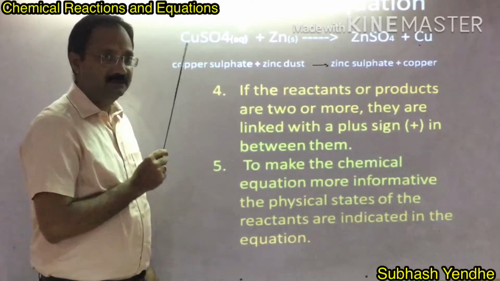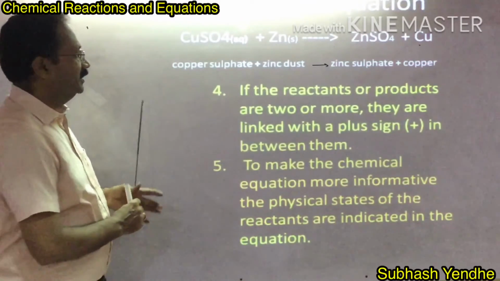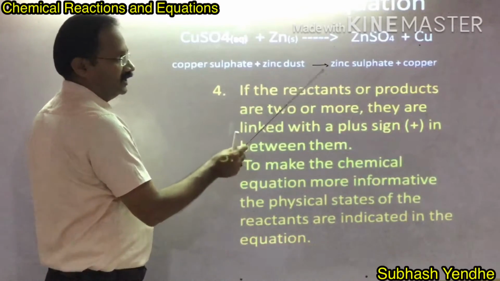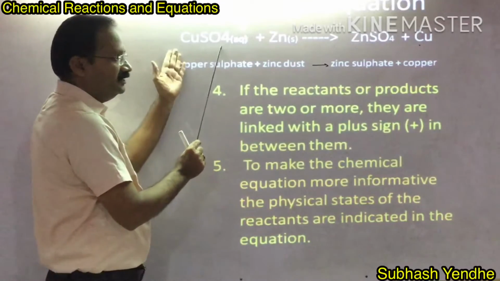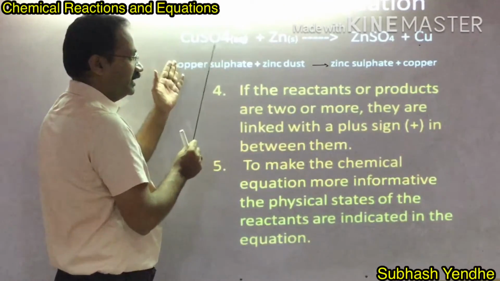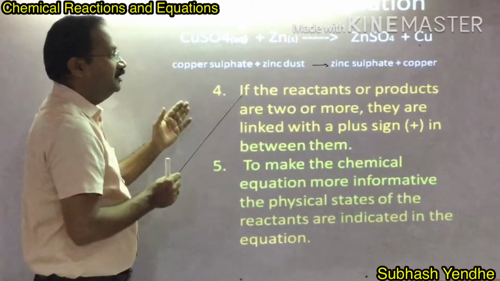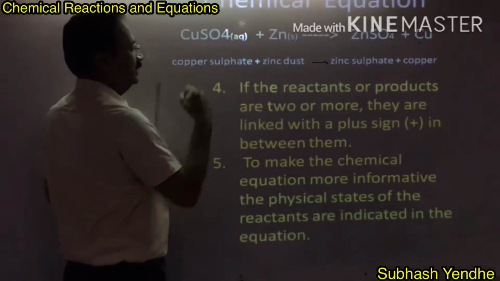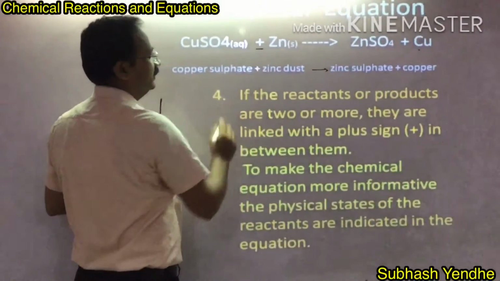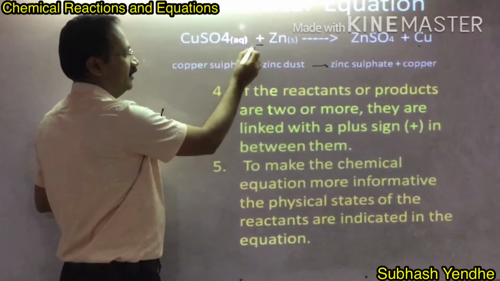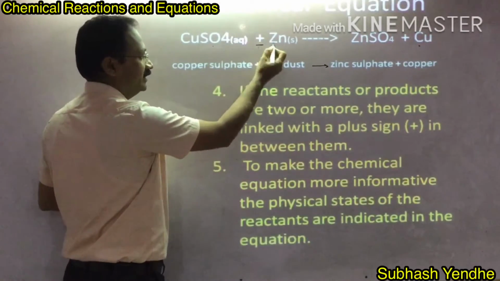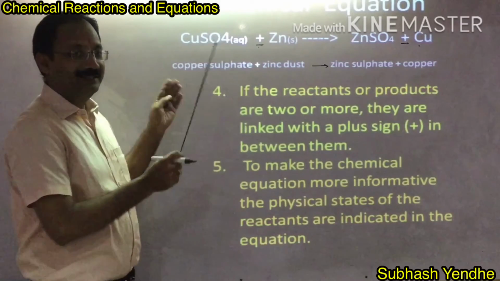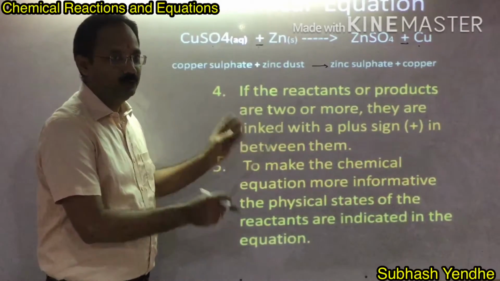The point number 4. These are the reactants and these are the products. If the reactants and the products are two or more than two, then you have to write the plus sign in the middle of them. Here I have written the plus sign in reactants and in products because they are more than two.